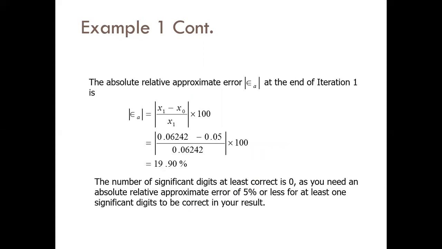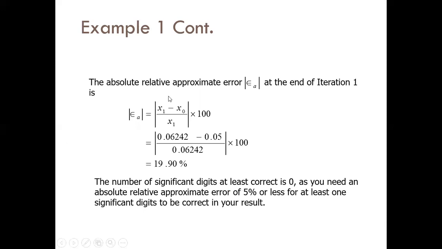Again, find out the error. Relative error is x1 minus x0 divided by x1 into 100: 0.06242 minus 0.05 divided by 0.06242 into 100. This is 19.90%. The number of significant digits at least correct is 0.